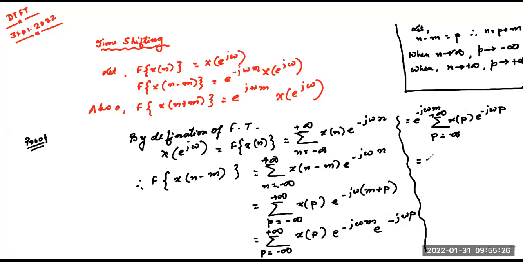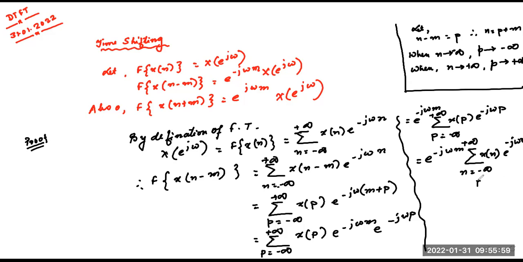So that can be written as e to the power minus j omega m into the summation of, in place of p I write n, n equals minus infinity to plus infinity because there is no change in limit, x of n into e to the power minus j omega n.